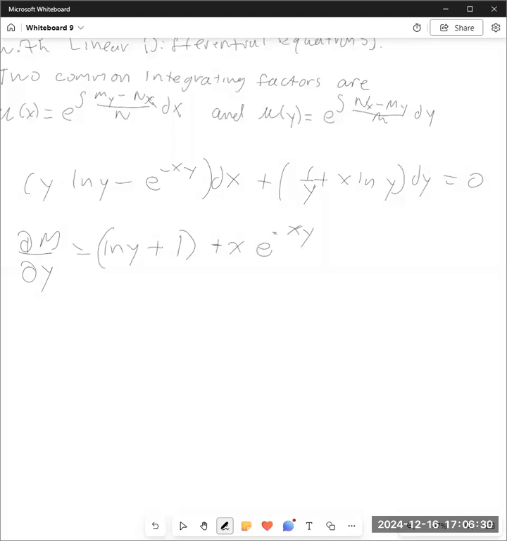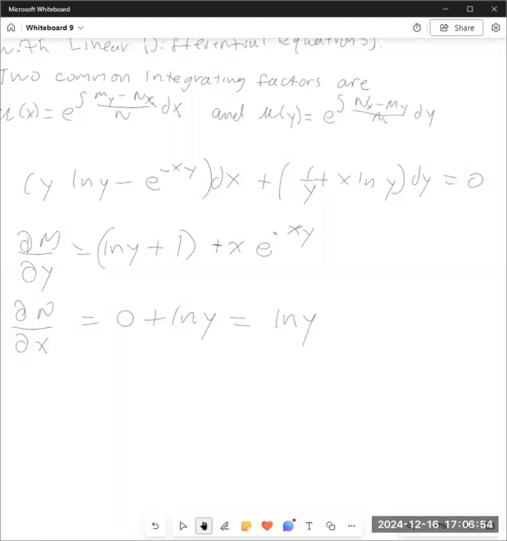So now I want to see the partial of N with respect to x. And so that first part goes away and becomes 0, plus ln y is just simply ln y.